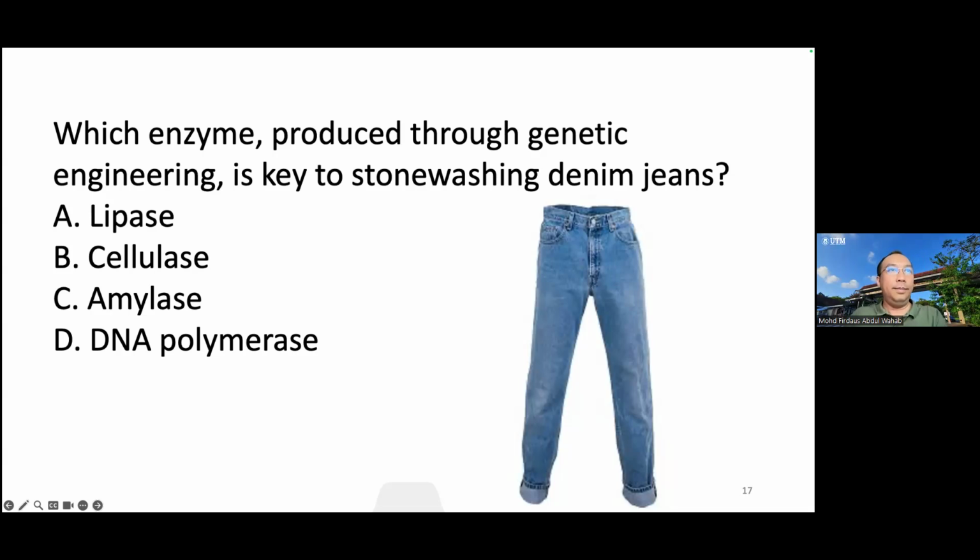Lipase, maybe, or amylase, or DNA polymerase? Mostly B. Yeah, you are correct. Well done. It's cellulase. So we know why cellulase, because of the cellulose component in the jeans. So this enzyme is used to create the stone washing effect on denim jeans.